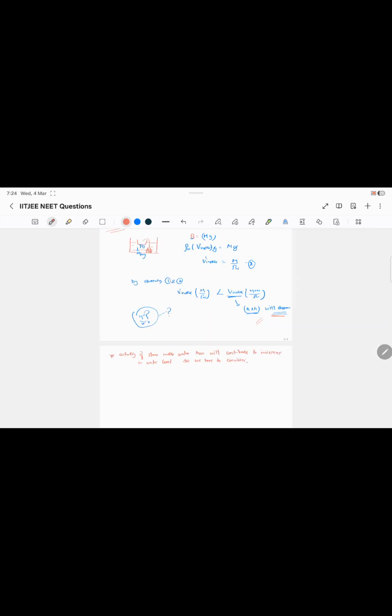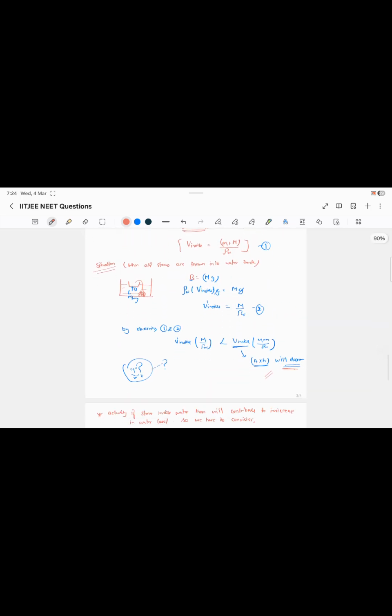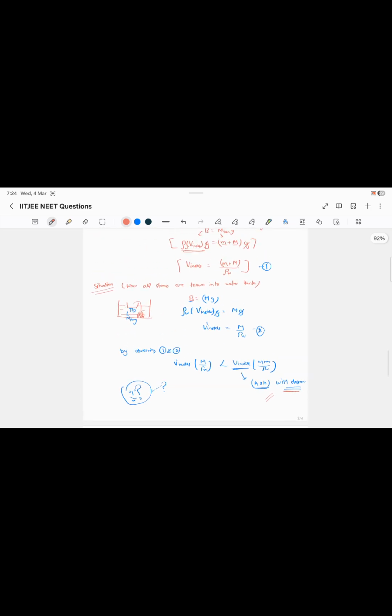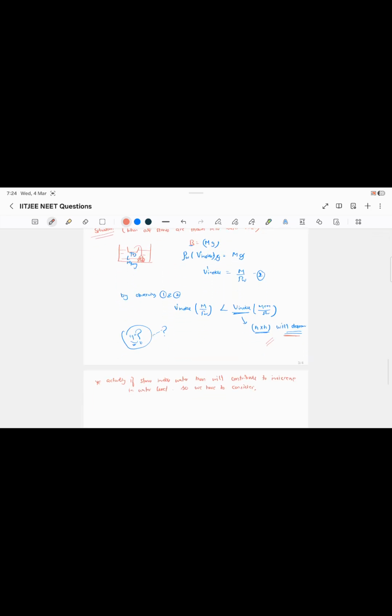So we have to consider that when stones are thrown into water, because of their volume they will also displace some amount of water, and there will be some rise in the height of water. We can't neglect that fact, because a very large number of stones are there.